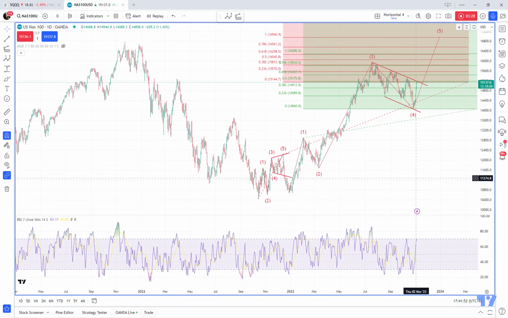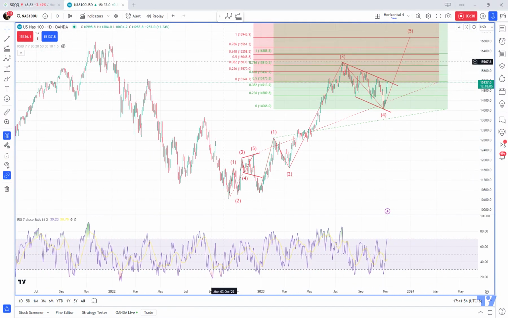So over here, how we do the analysis is that we need to give importance to these lines where you see two very close together. So this, which is around 16,300, and here 15,800.